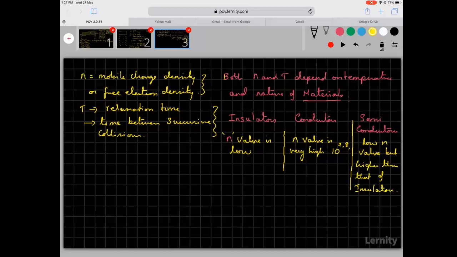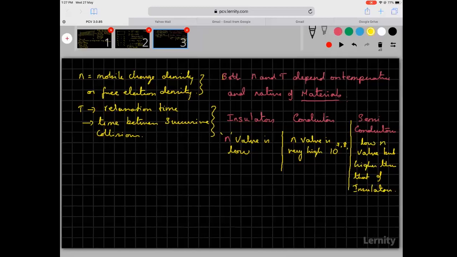The N value is very high for conductors, 10 power 7, 8, 10 power 15, 10 power 20, like that. For semiconductors, the N value lies between that of insulators and conductors, but it is more towards the insulators.